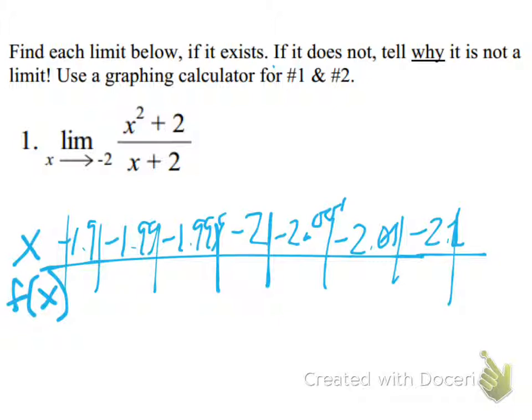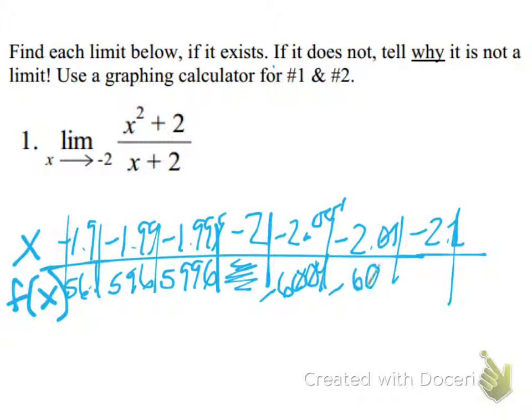So what I got was 56.1. I got 596. Then I got 5,996. Of course, that's an error. But when I went to the other side, I got negative 6,004, negative 604, and negative 64.1.